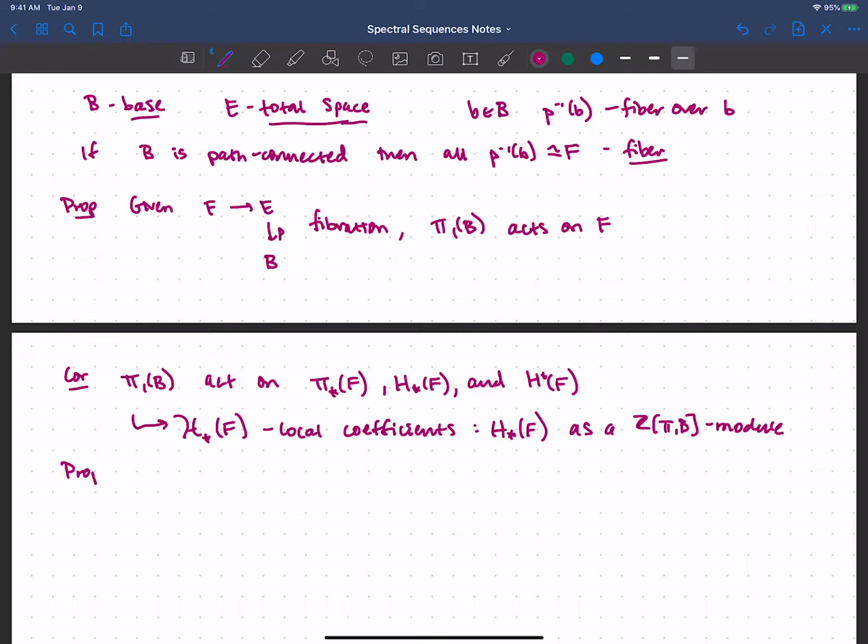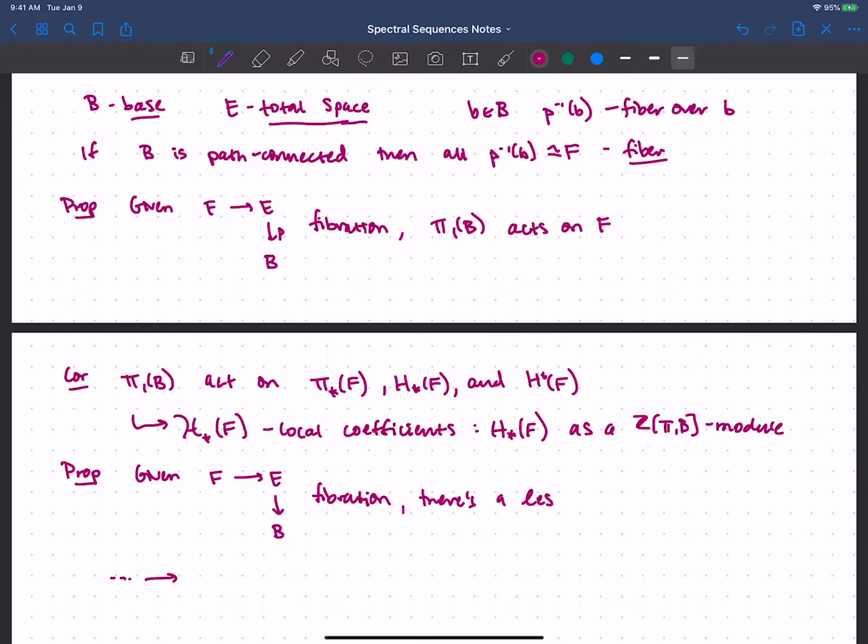So then hopefully another familiar proposition is that given a fibration, or again, maybe you saw this for covering spaces or fiber bundles, you get a long exact sequence in homotopy.